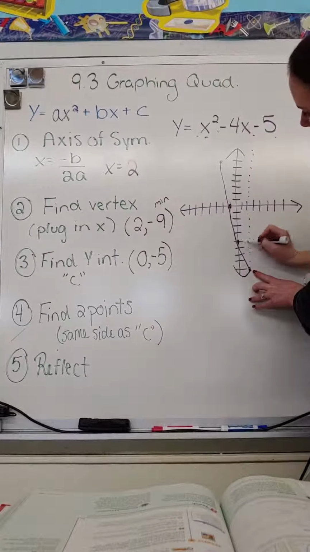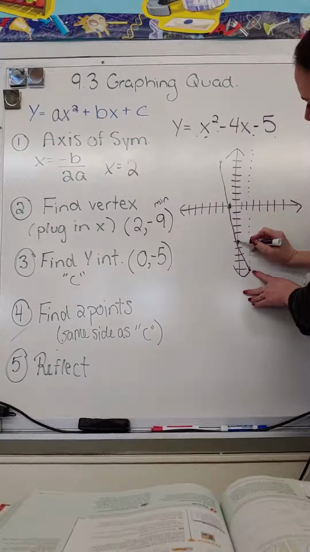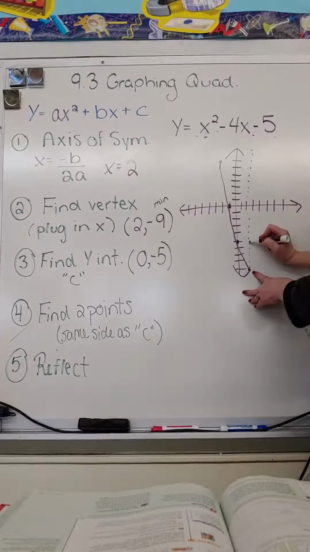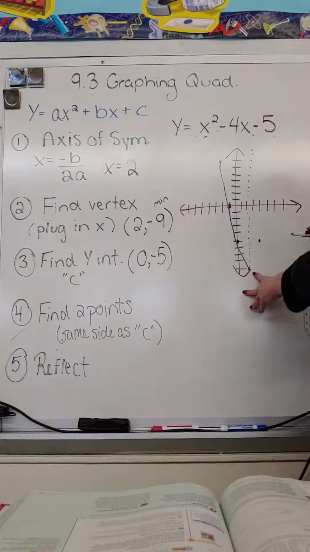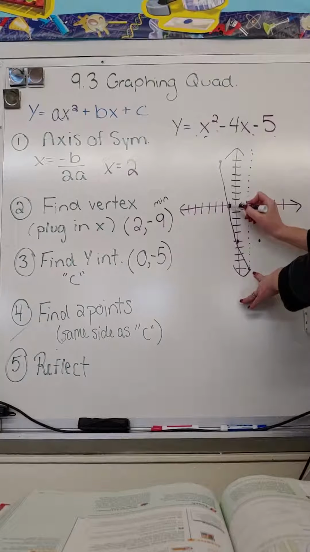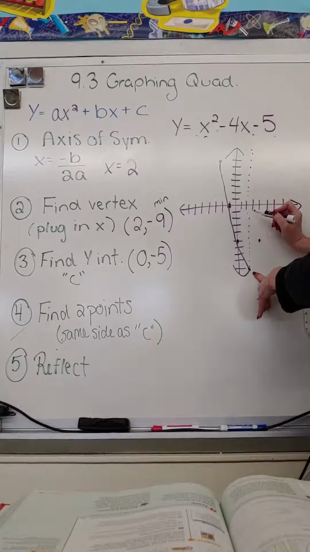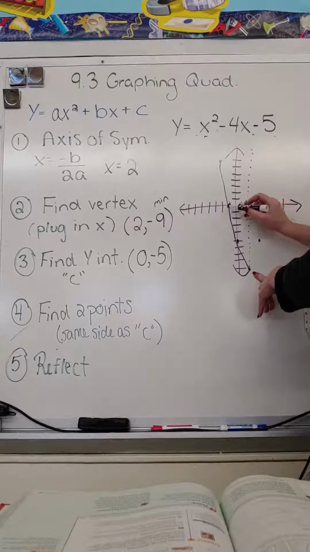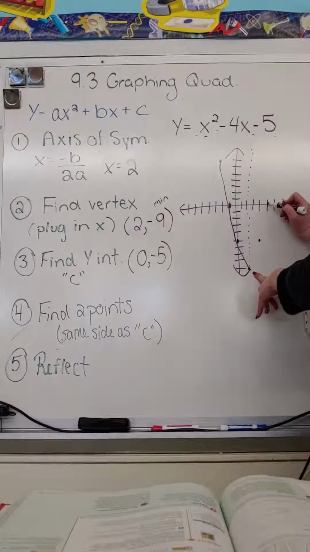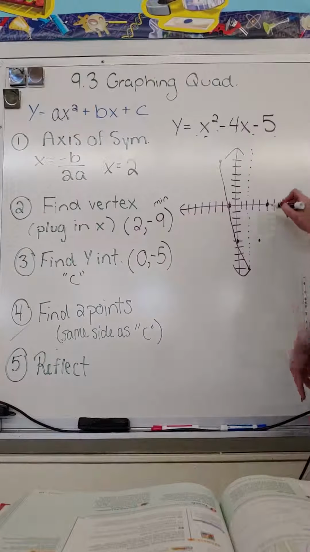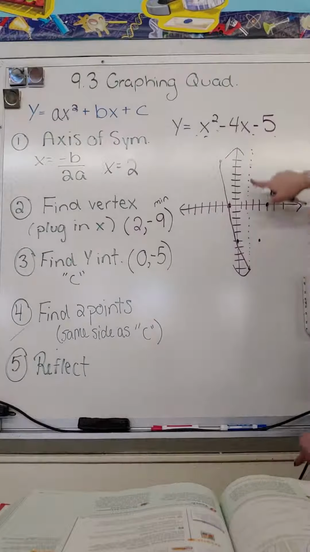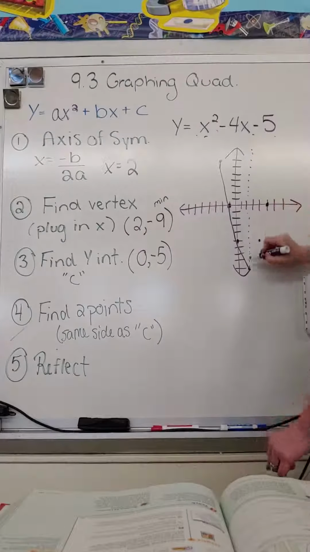And since this point here goes through 0, it's 2 spaces away. So I'm going to put it 2 spaces away over here. And then this point here that's going through this negative 1, it is 3 spaces away. So I'm going to put it 3 spaces away over here. And you're just doing a mirroring across that imaginary symmetry line.